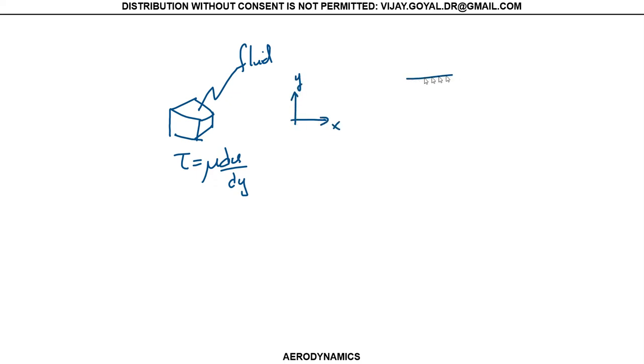If I draw the wall here and take a small chunk of fluid, the negative sign says that the negative value is what's acting on the fluid. Okay, so let's say this is on fluid.